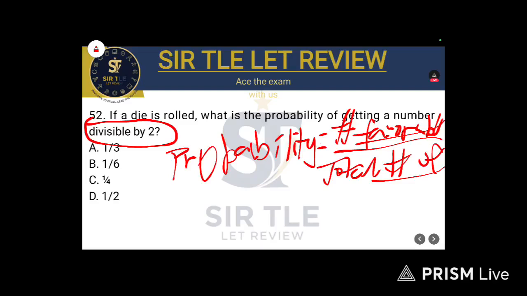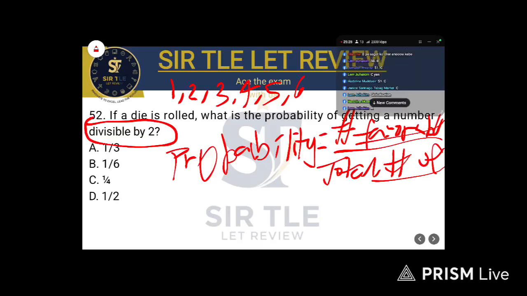Since a die has 6 sides, the numbers are 1, 2, 3, 4, 5, 6. Those are the numbers on the sides of a die. Here it says divisible by 2. Okay, the answer here is letter D, 1/2. The answer for number 52 is letter D, 1/2.